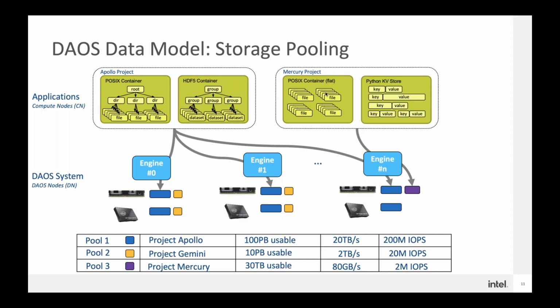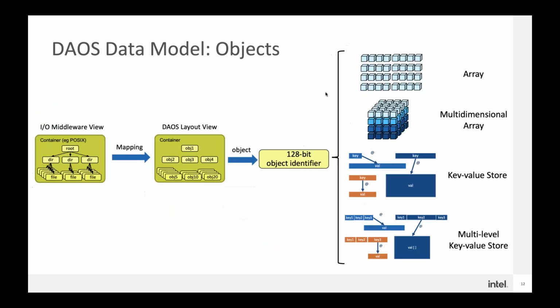It can also be a block volume, or an HDF5, which can organize its own data internally, including objects, groups, and HDF5 datasets, and a container can also be just a KV store, which can manage millions or billions of KVs. So the container is the namespace, and the object is the data model exported for user I/O.